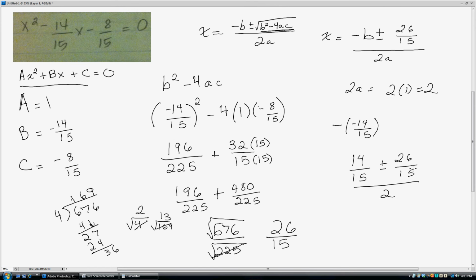Okay, this is nested mathematics. Obviously, we're going to split this up into both the plus and the minus at this point. 14/15 plus 26/15, and then divided by 2. I don't like writing this whole thing over divided by 2. One of my favorite things to do instead is do it like this.